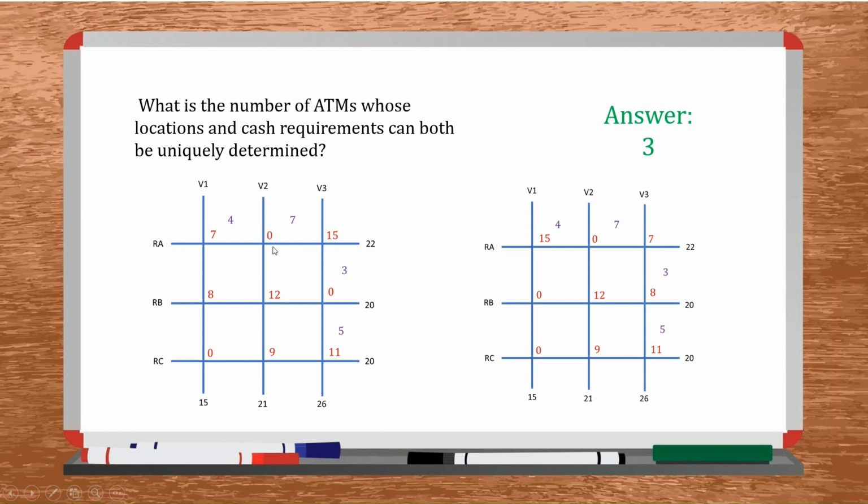We'll not consider this 0 because there is no ATM there. For 12, we know both the value and the location, which is the center. 9 is also fixed and 11 is also fixed. So only 3 of the ATMs are fixed in terms of location and cash requirement. So the answer would be D.